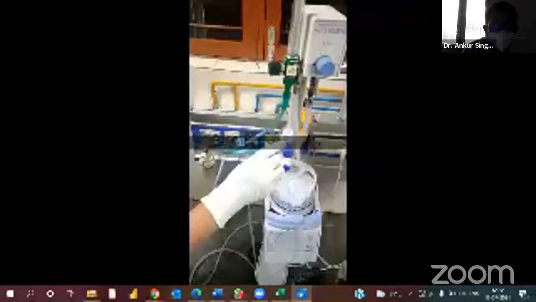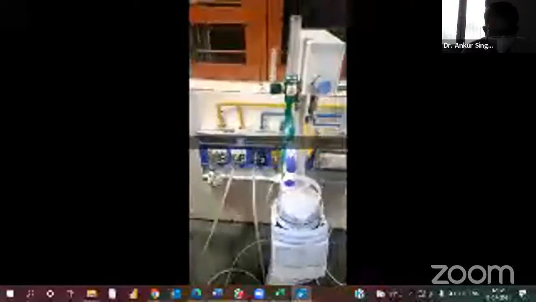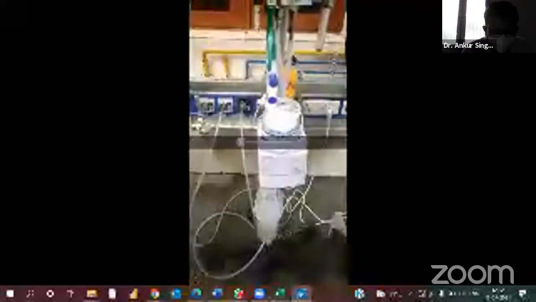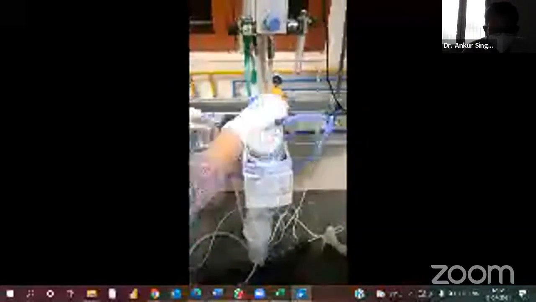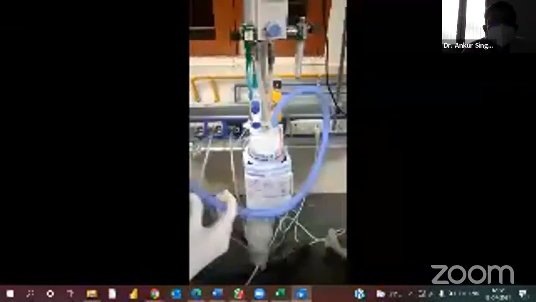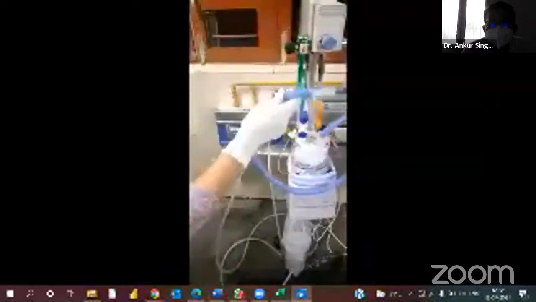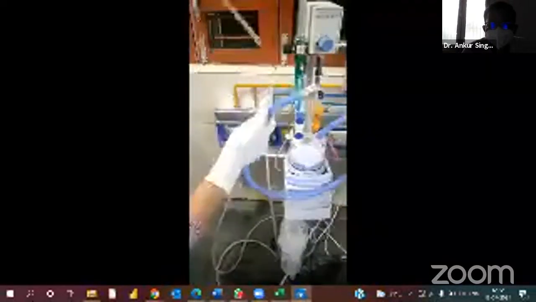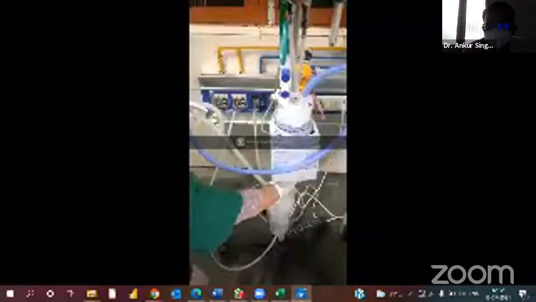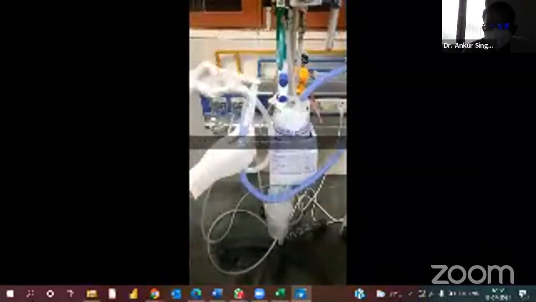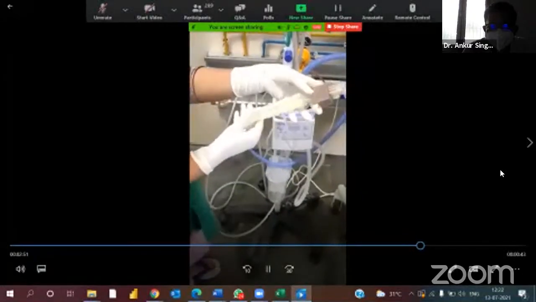This tubing from the flow meter is connected to the device. Now we connect the inspiratory limb and the expiratory limb of the circuit. The inspiratory limb has two ends. One end is connected to one end of the humidifier, and the other end is the patient end. And this is the expiratory limb, from which one part is connected to the water chamber, and the second part is connected to the patient interface. The patient interface has two ends.